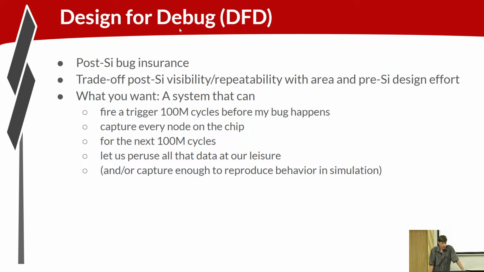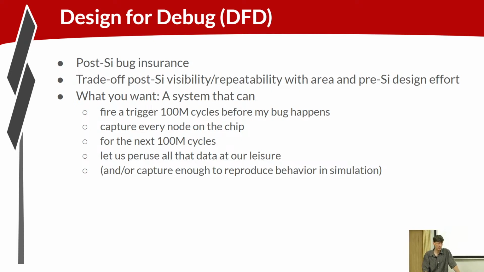A little bit of focus on the top three that were in bold. Design for debug first. This is your insurance against bugs in post-silicon. This is all functionality that you want in the silicon to help with the post-silicon debug effort, but it's not part of your product, really.